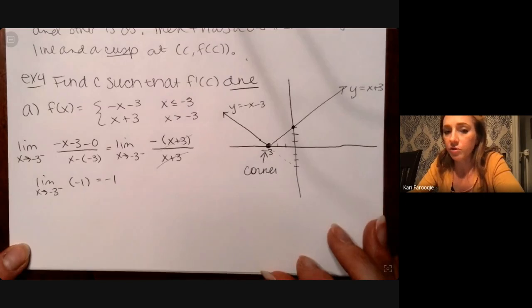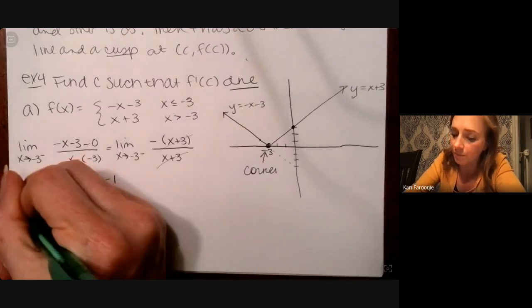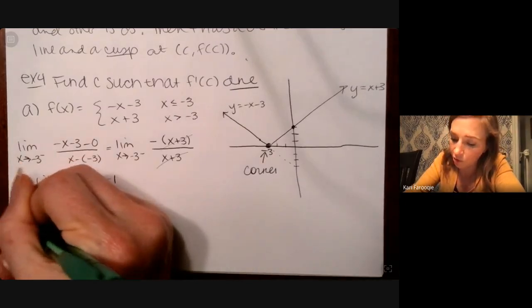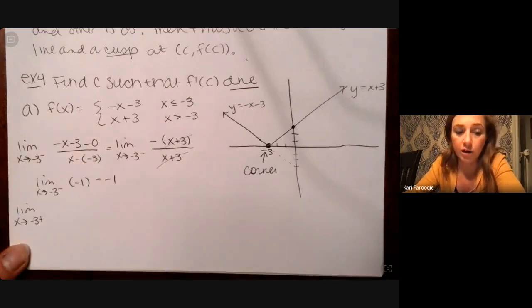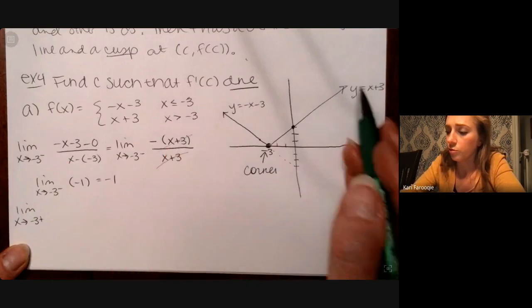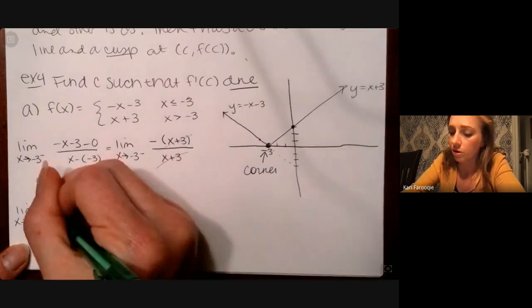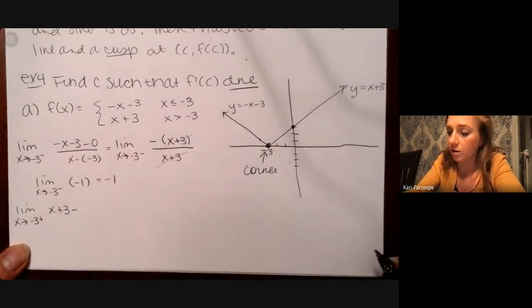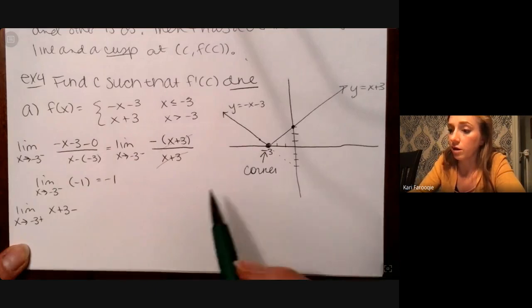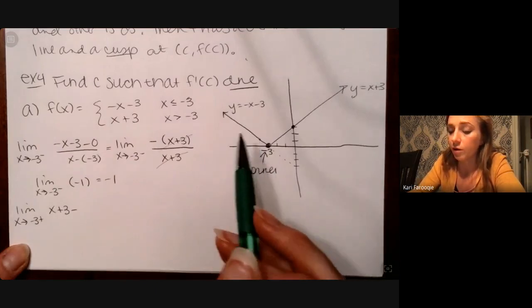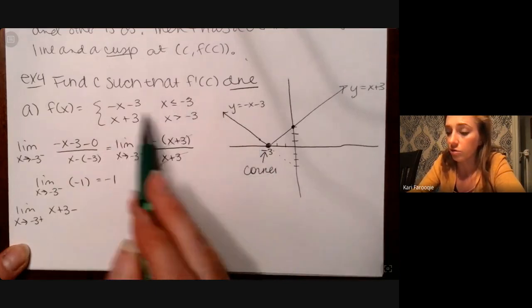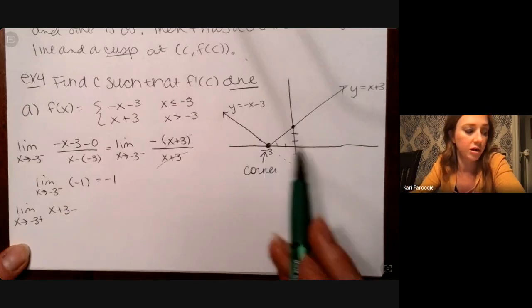All right, so let's focus now on the right-sided limit. We're going to approach -3 now from the right. So again, we're looking at f of x. Well, if we approach from the right, we're on x plus 3, minus, and then we're looking at f of c. Well, f of -3 actually still corresponds to this point here at 0.